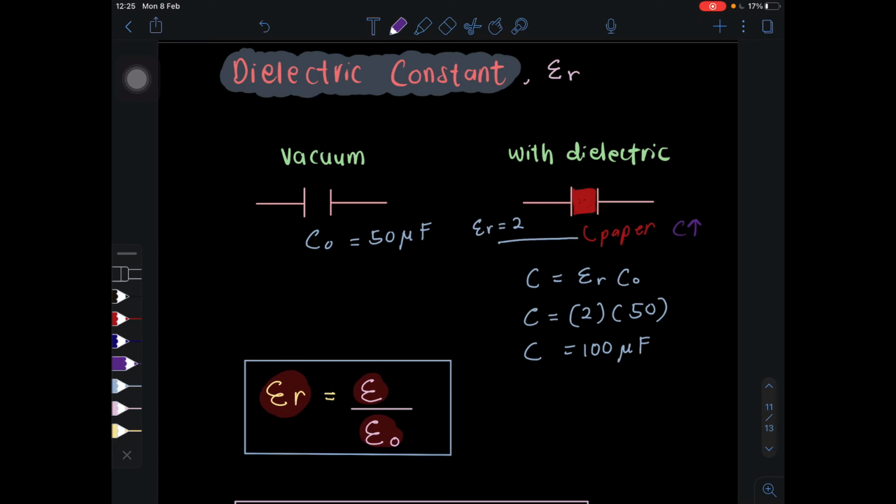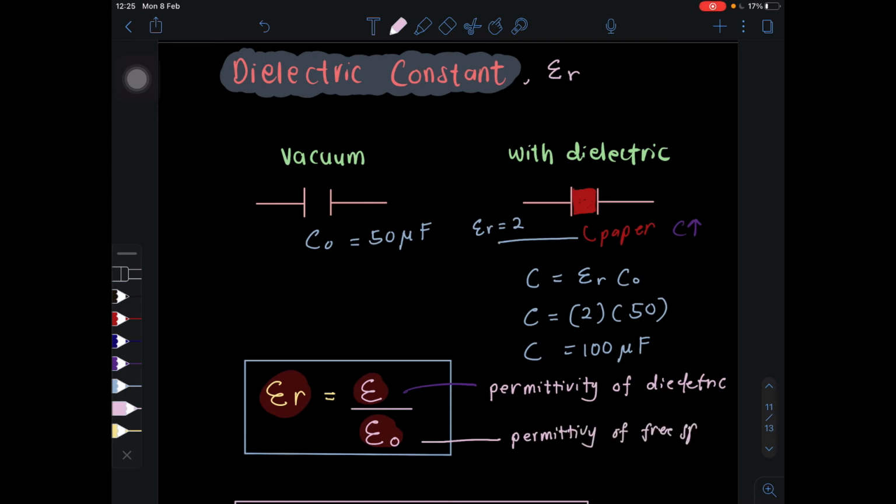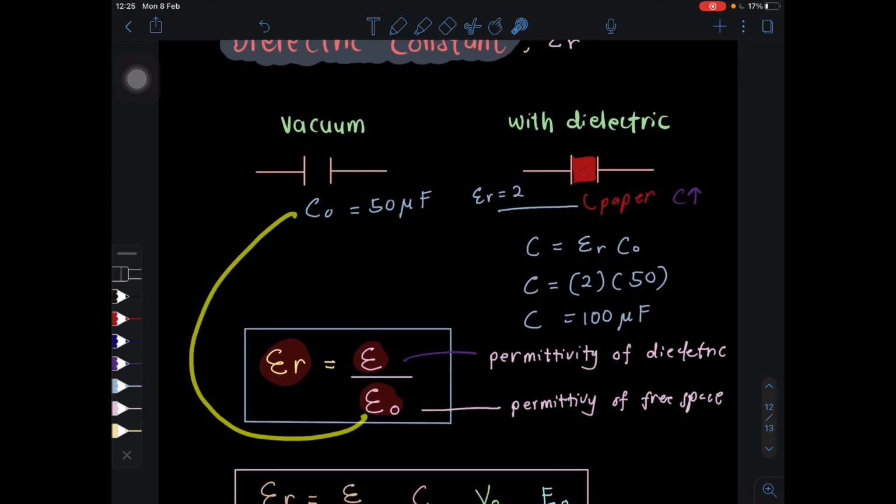So epsilon here is the permittivity of the dielectric, and epsilon naught is the permittivity of free space. Meaning that here, epsilon naught is when the capacitor is in vacuum, and then epsilon here will be when the dielectric is inserted.